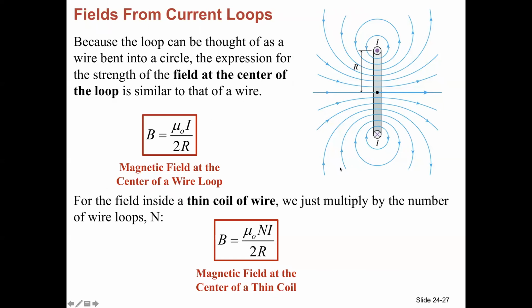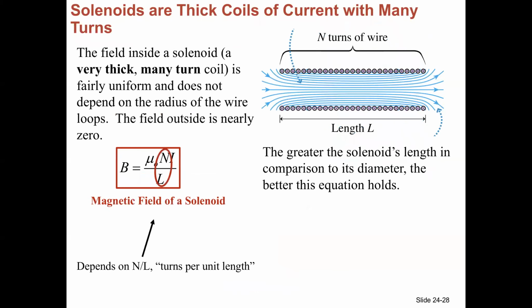If you're not given the length, but instead you're given the radius in the problem, then you're going to use the thin coil formula. So that being said, this is our fourth and last formula for today. So are we ready for an example? Any questions before we move on?